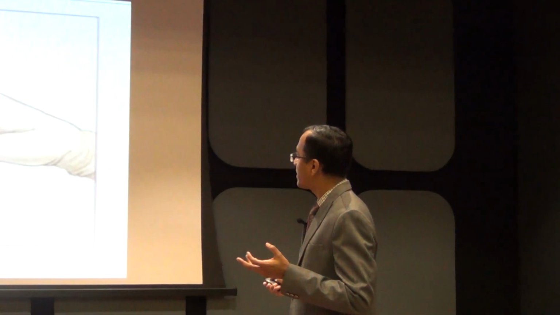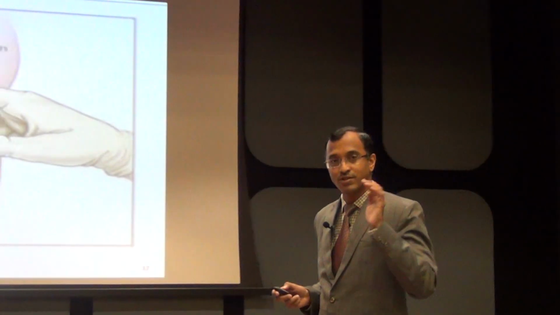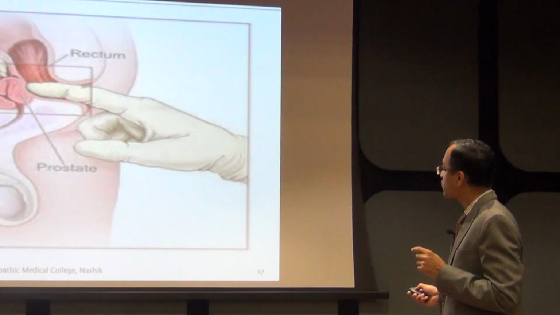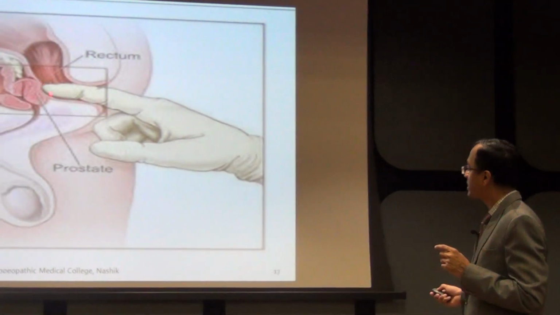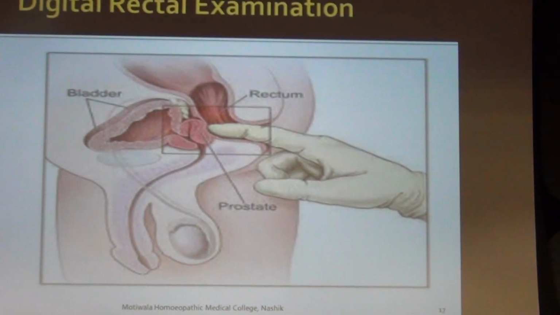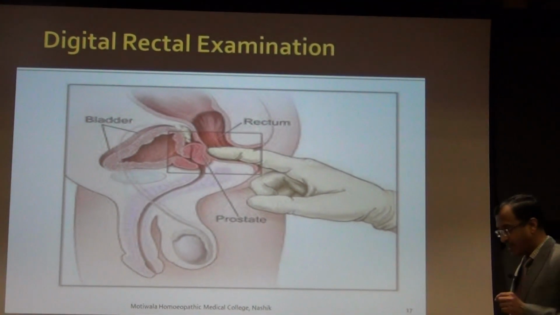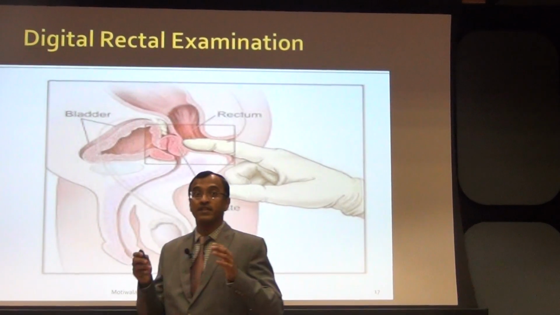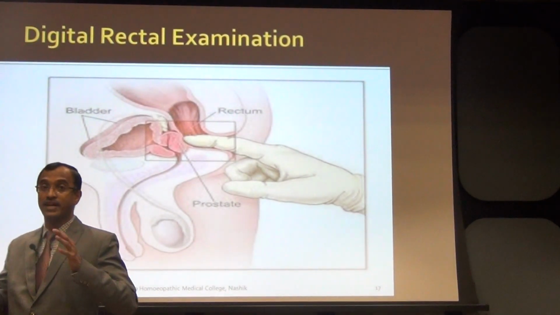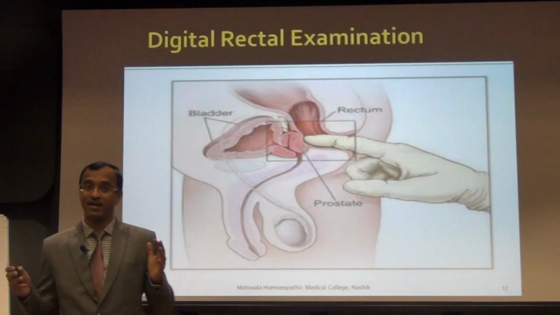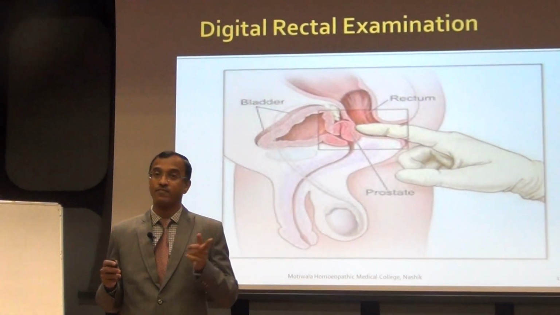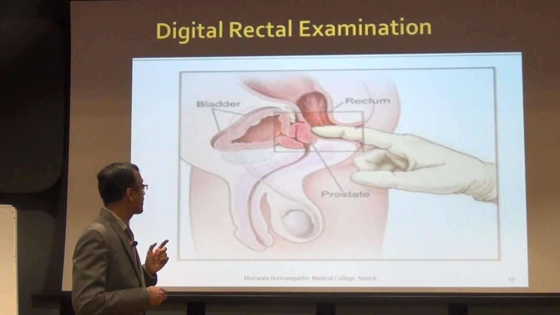After taking consent, we slowly insert the index finger into the rectum so as to feel the prostatic gland from the rectum. In benign prostatic hypertrophy you will come across that the prostate is enlarged, and you can easily palpate the prostatic enlargement on per-rectal examination.